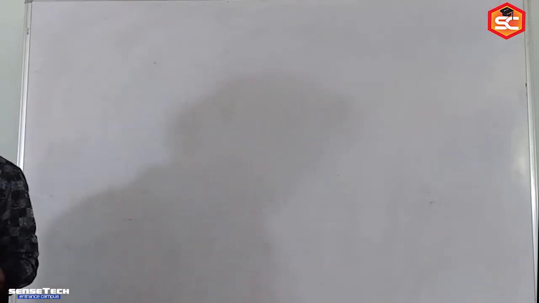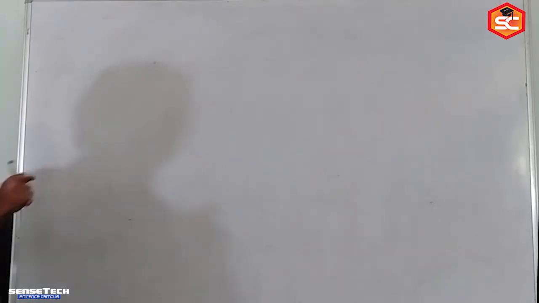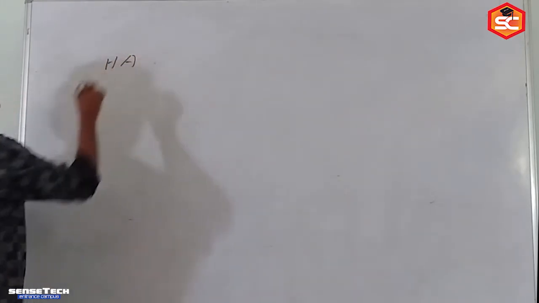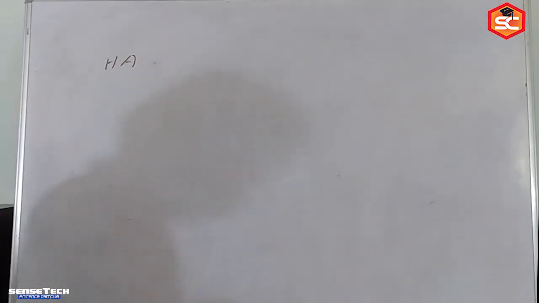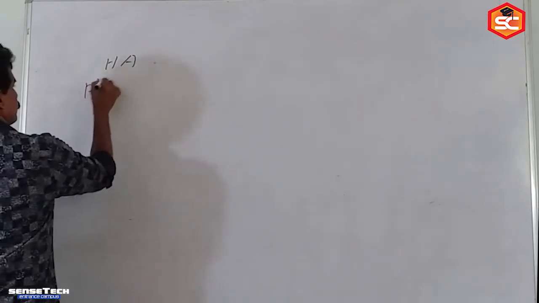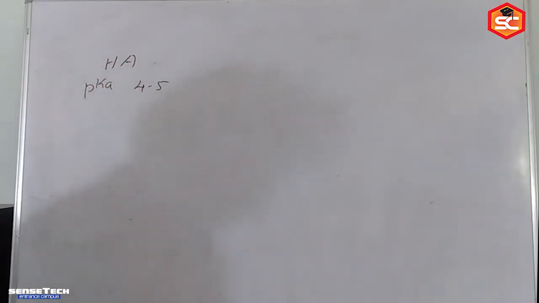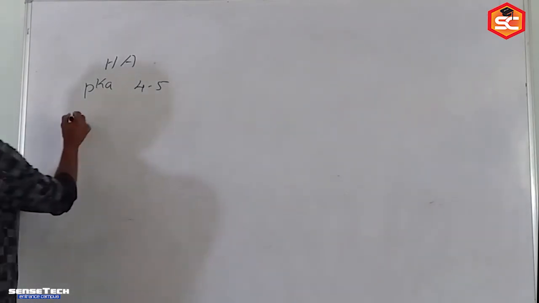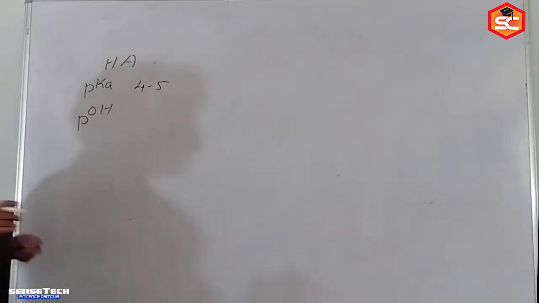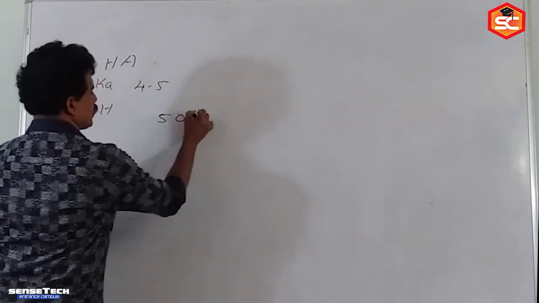Next question. The pK of weak acid HA is 4.5. The pOH, sorry, not pH, the pOH of an aqueous buffered solution of HA in which 50% of the acid is ionized.